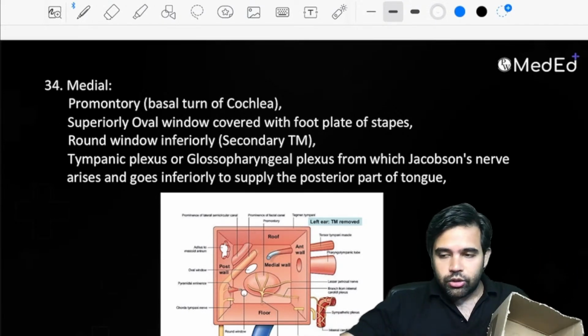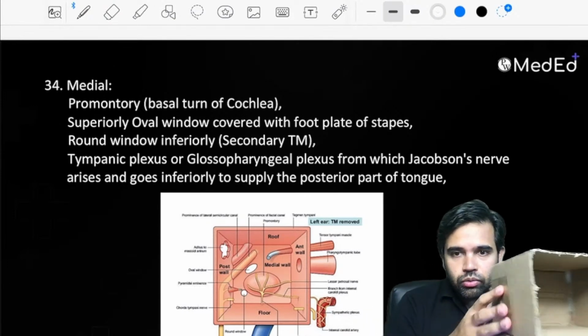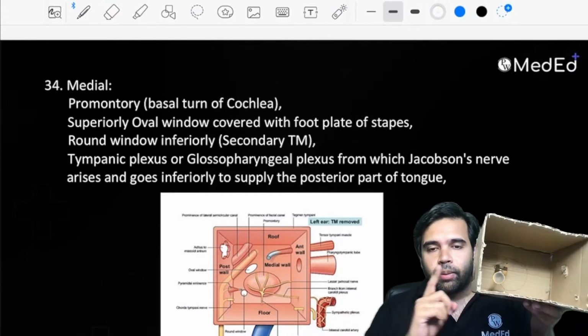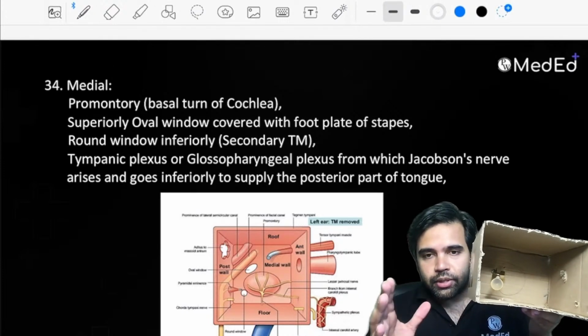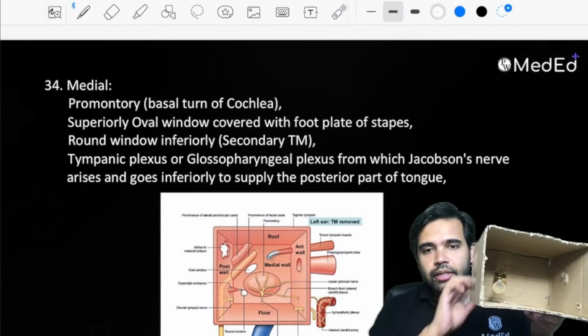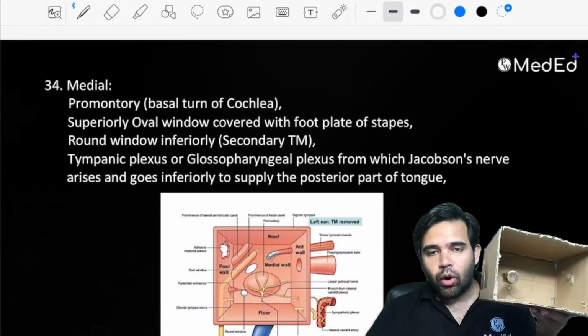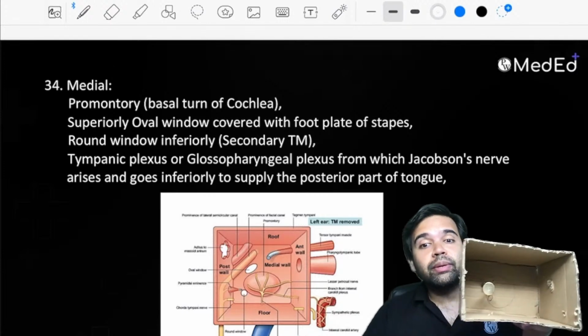So understood? Promontory, Jacobson's nerve coming out from the glossopharyngeal plexus, the foot plate of the stapes in the oval window, and the round window, the structures of the medial wall.